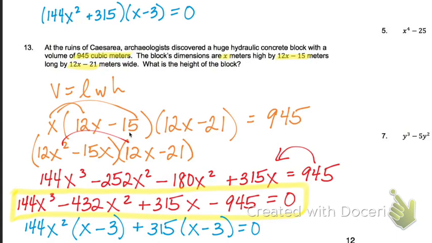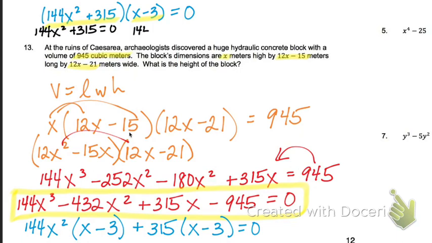What do I need to do in order to solve for x now that I have these two parentheses? Yeah, I can set them both equal to 0. So if I set the first one equal to 0, it would be 144x squared plus 315 equals 0.